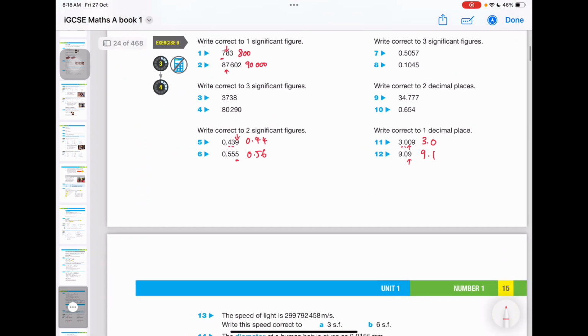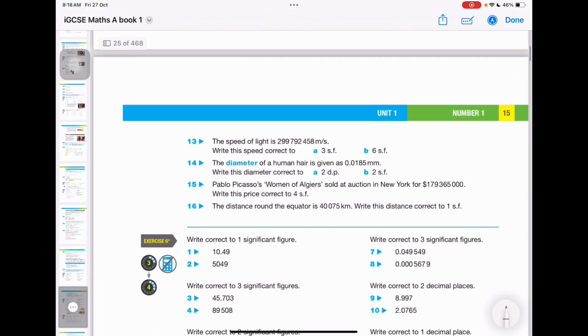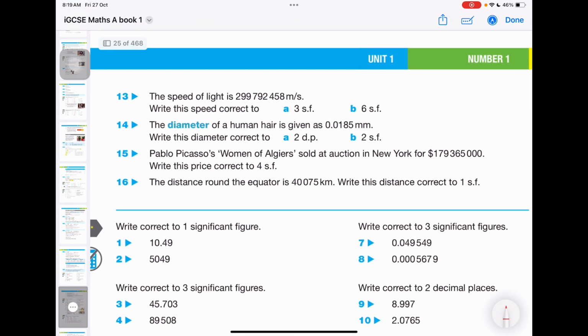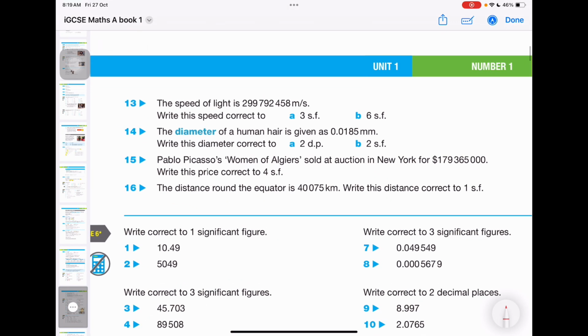Alright, so let's move on to the next one. Sometimes you will get questions that are application based. If you look at question number 16, the distance around the equator is 40075 kilometers. Write this distance correct to 1 SF.